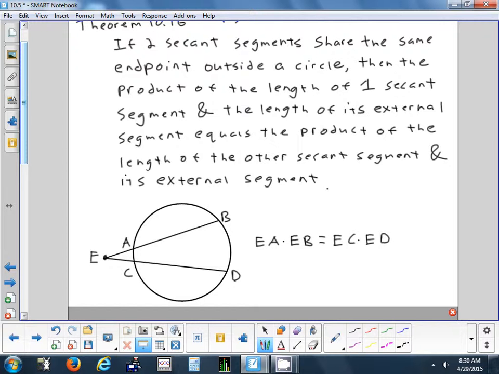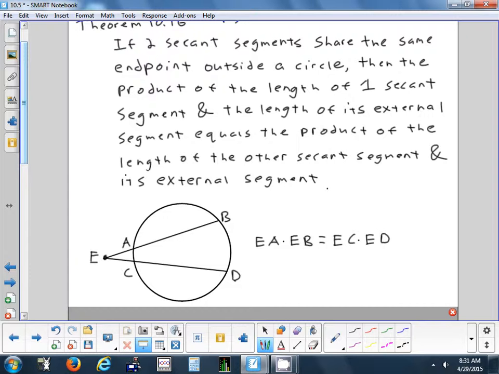The theorem says that if you take the product of the external secant segment, EA, times the entire length of that segment, which is EB, that's going to be equal to just the product of the external length of the other secant segment times the entire length. Now, we're not going to prove that one. We could prove it, but we're not.